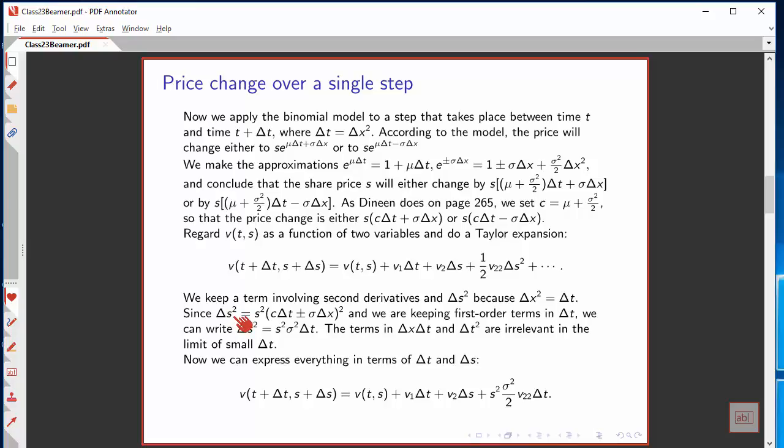In fact, if I work out delta s squared, it is s squared. Where did delta s go? There it is.